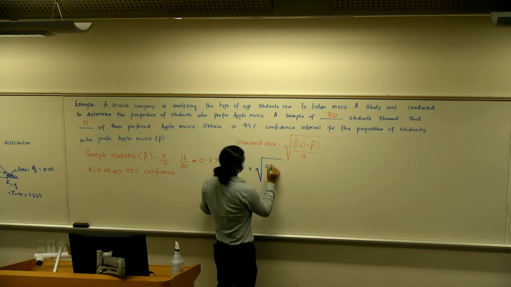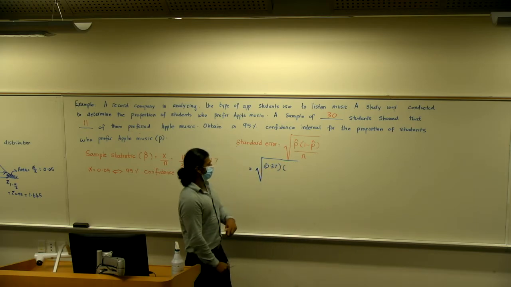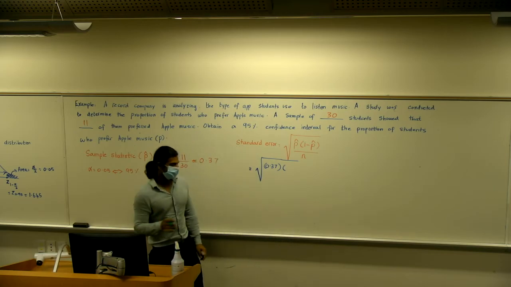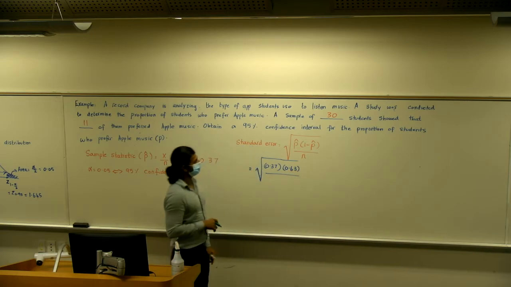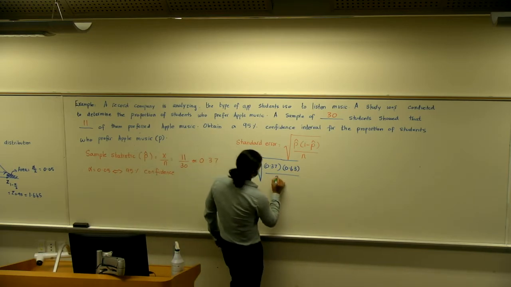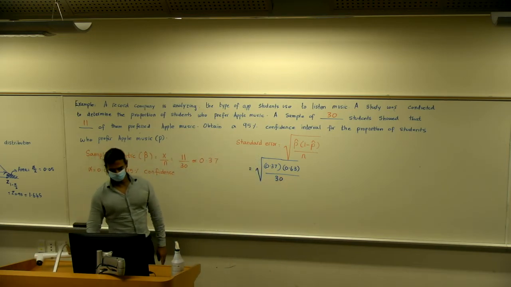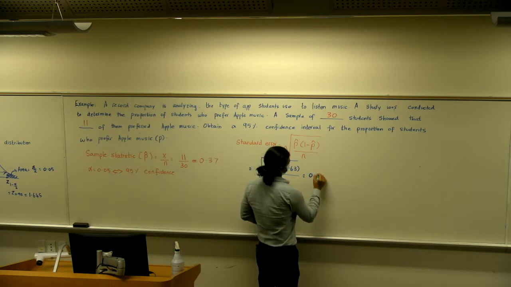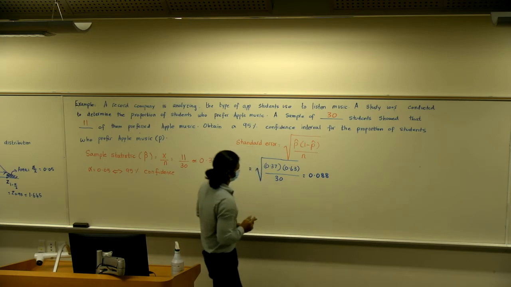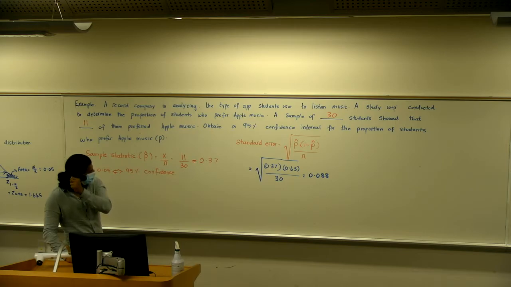P hat is 0.37 multiplied by 1 minus 0.37. 1 minus 0.37 is 0.63, divided by the sample size, which is 30. And what do we get? 0.0078. After square root? So the standard error is 0.088.